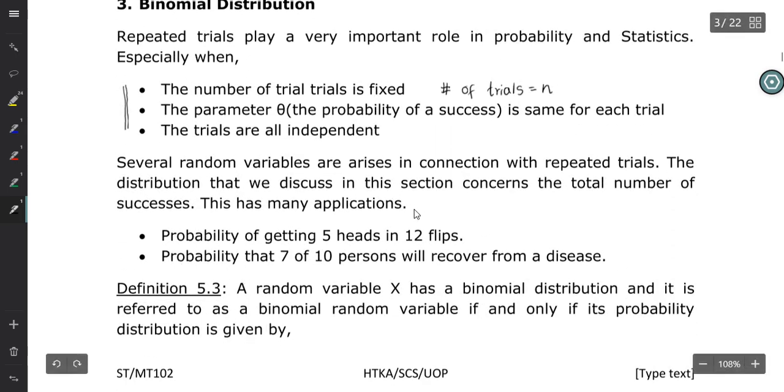So, for example, if you flip a coin 12 times, you should be able to find the probability of getting 5 heads if you toss a coin 12 times. Or you should be able to find the probability that you get more than 10 heads if you flip a coin 12 times. Or less than 3 heads if you flip a coin 12 times. In order to answer these types of questions, you should be able to find an expression for the PMF of the binomial random variable.